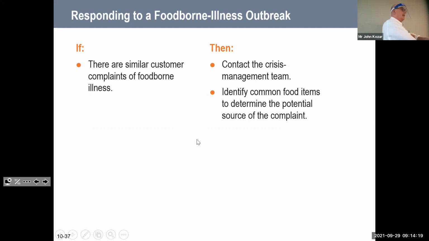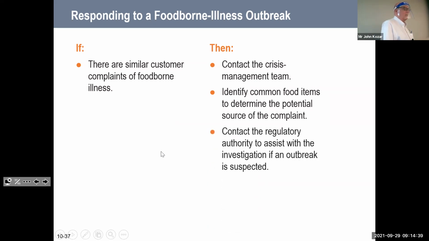You want to know what each person who is complaining ate, because to have an outbreak, they have to eat the same food. You might have to do some work to identify, especially if you have something like a buffet, and people might try 10 different items on the buffet. And we hope only one of them is what's making people sick.